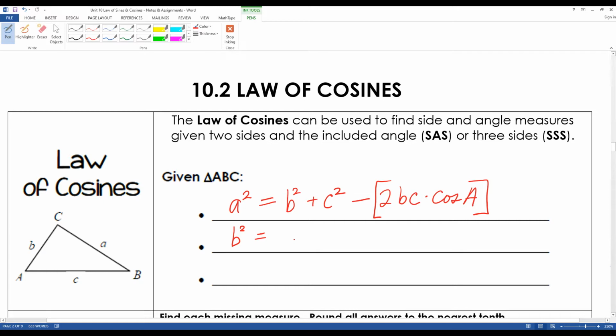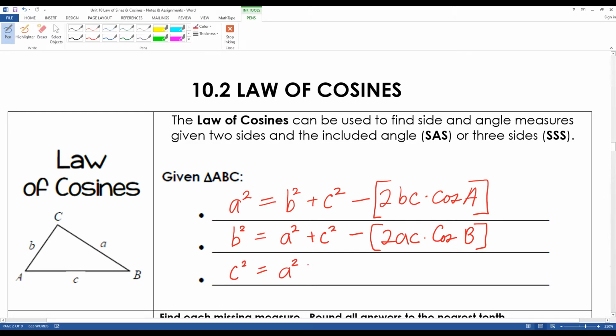If you're working with angle B and side B, then B squared equals the other two sides squared and added together, minus 2 times the other two sides, times the cosine of angle B. And then C would be then what?